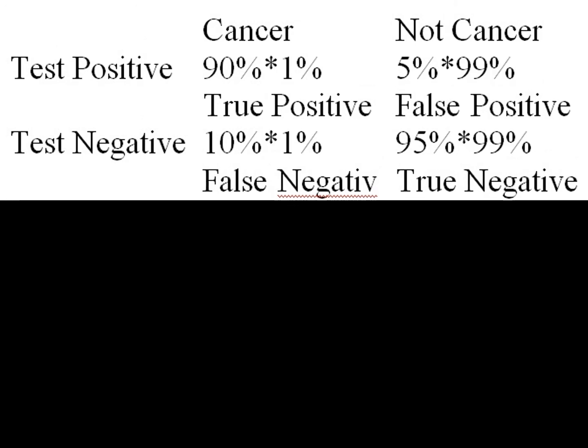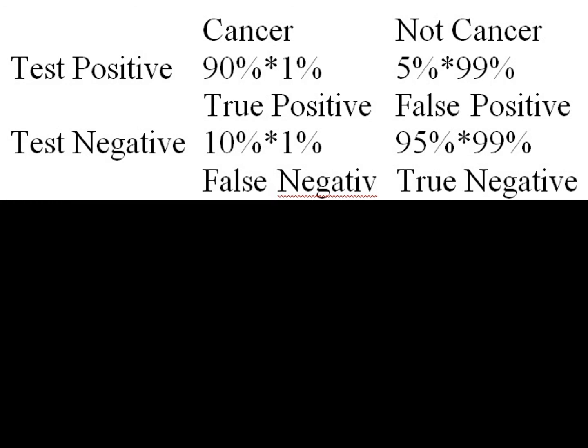Now at this step, we're going to multiply the value against the percentage of people that are going to get and not get cancer. So we know that 1% of people will get cancer, 99% will not. So whether or not you test positive or negative and you have cancer, the grouping is a part of the 1%. And those that don't have cancer, whether they test positive or negative, are a part of the 99%.